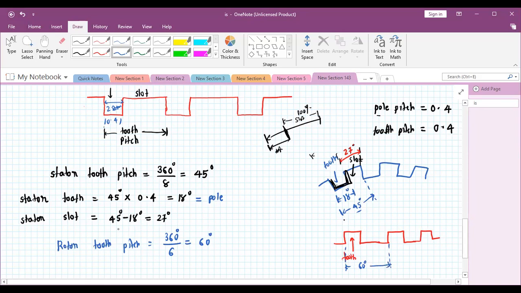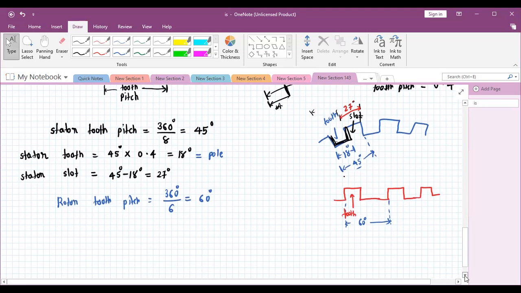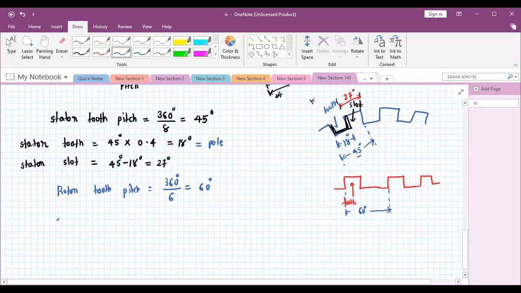Now what is the rotor tooth? Rotor tooth is equal to 60 into 0.4, which is 60 degrees into 0.4, equal to 24 degrees. So here we can say it is 24 degrees. And this is how much?